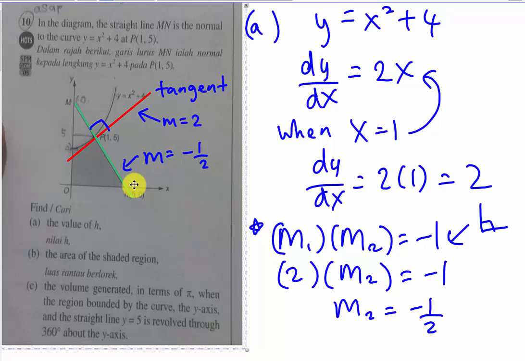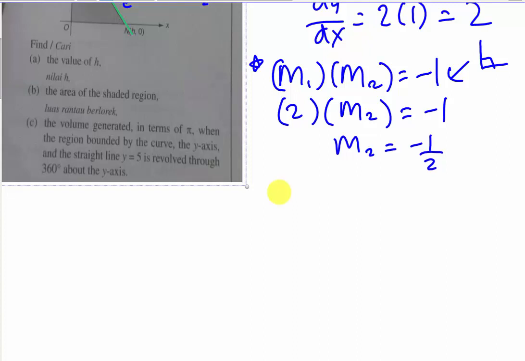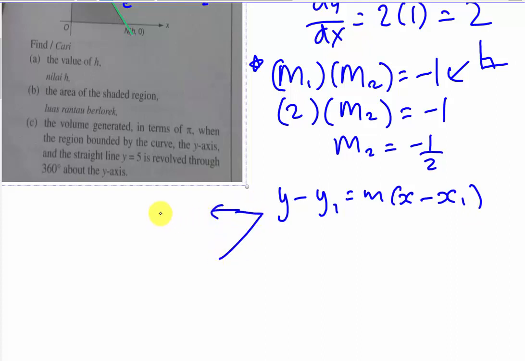So I'm going to form the equation. I just use y minus y1 equals m times (x minus x1), to find the equation easily. To use this formula, you need two pieces of information: a point, and a gradient.